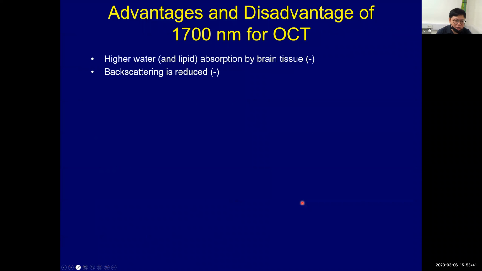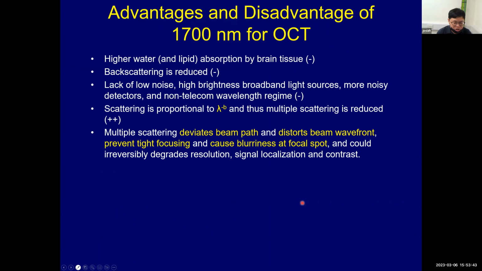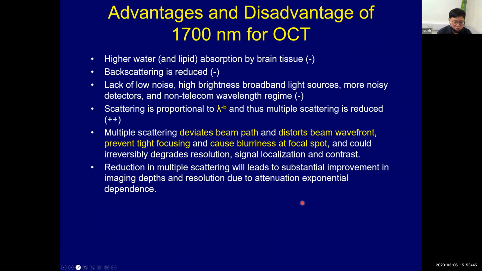Here I want to highlight a few advantages of using 1.7 micron, or 1700 nanometers. There is higher water absorption, and the backscattering could be reduced. It's also quite difficult to find a detector in this regime, because most silicon detectors cut off at about 1650 nanometers or so.